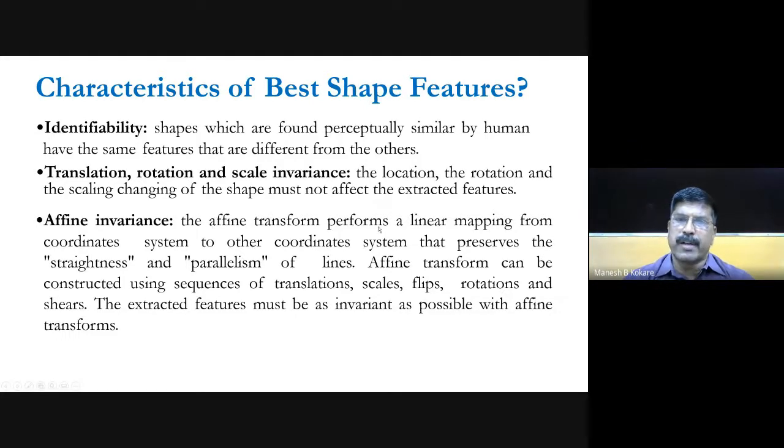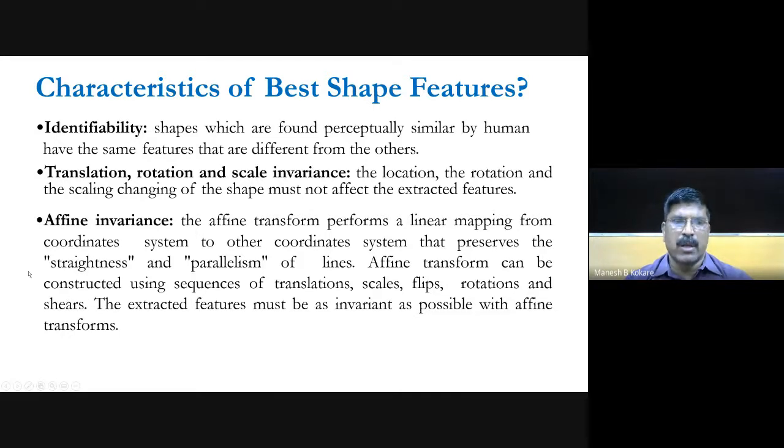The affine transform performs a linear mapping from one coordinate system to another that preserves straightness and parallelism. It means there should be a linear transformation in your shape features also when you change the coordinate system. Affine transforms can be constructed using a sequence of translations, scales, flips, rotations, and shears.